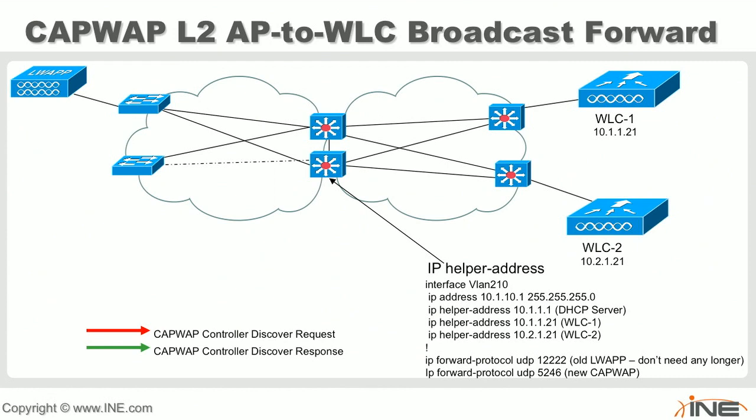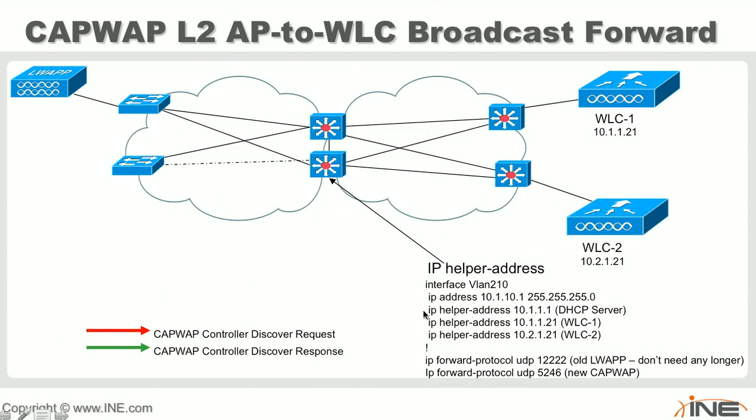Now, you may very well be familiar with IP helper for things like DHCP servers. DHCP is just a broadcast. IP helper is really not specific to DHCP. It is simply a command that says turn a broadcast into a unicast and forward it on to this particular IP address.